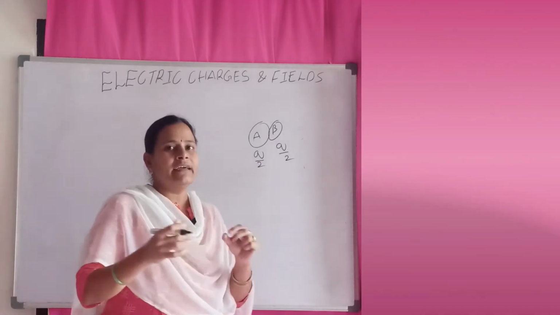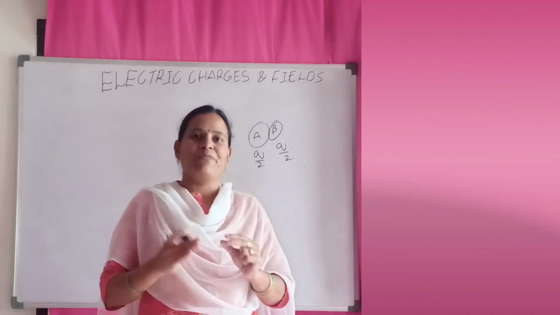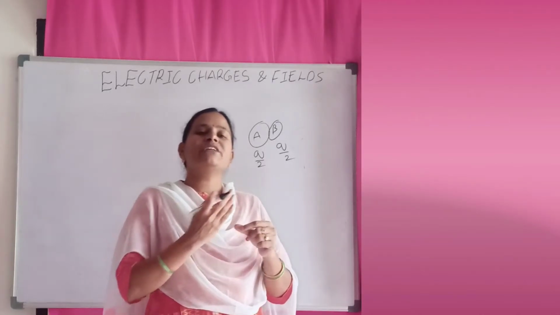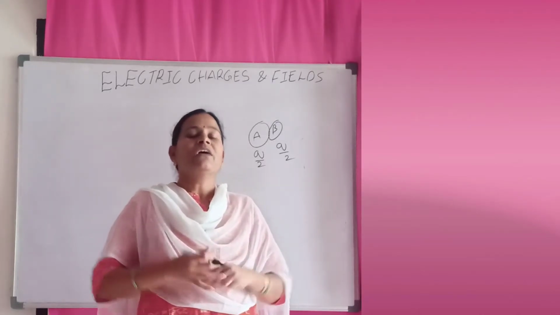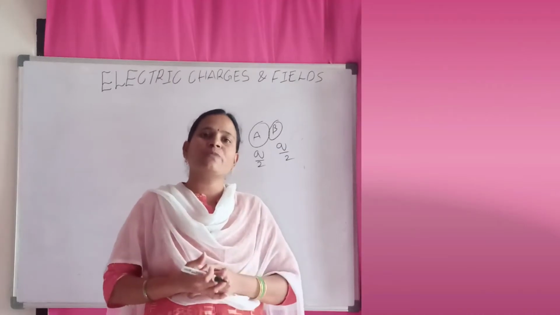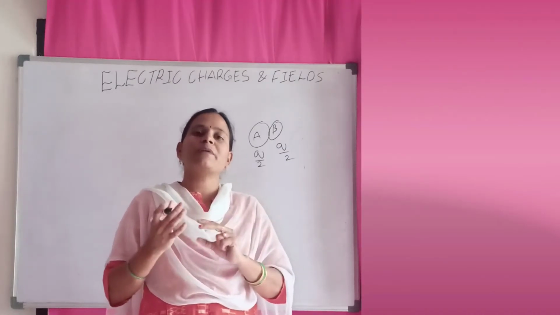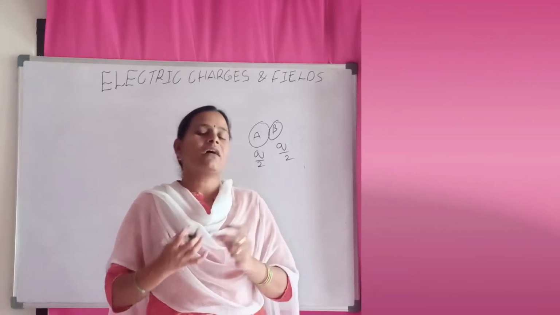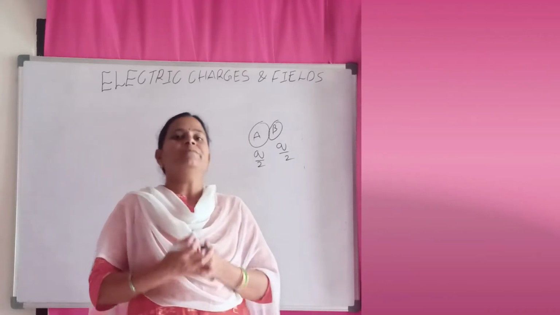So actually the A sphere charge is Q. When sphere B contacts A, the charge is distributed to sphere B also, until both spheres reach equilibrium, so both get Q by 2 charge.